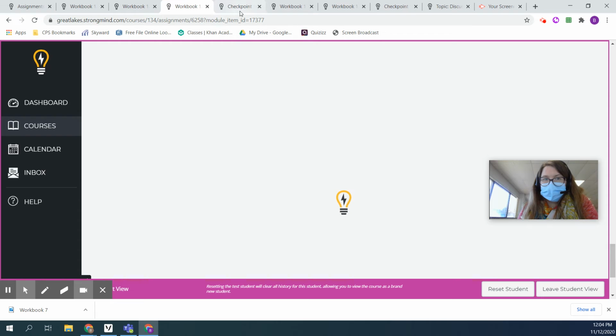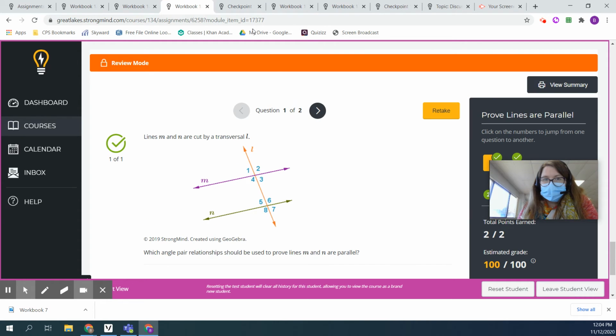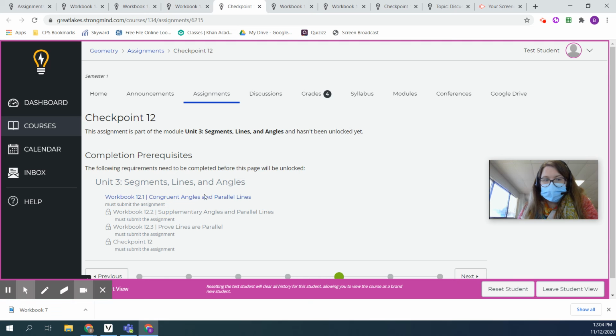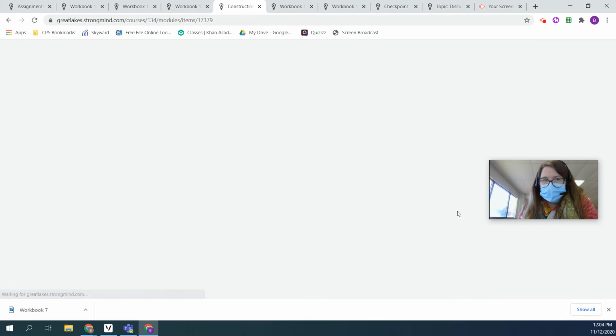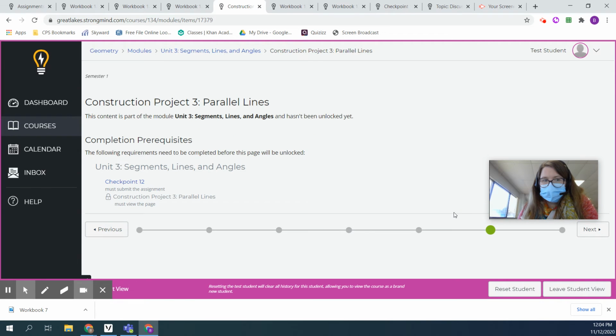All right. Last thing is the checkpoint. And to do that one, let's see, I want to go to the checkpoint. I don't know if I can. Can I? Let's check. Oh, good. I have to do a construction. So I'm going to do next.